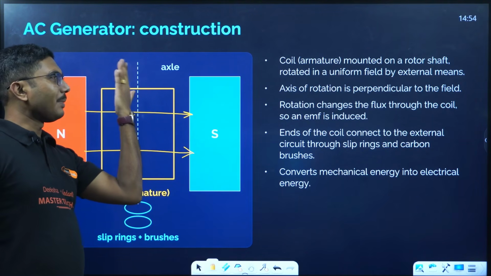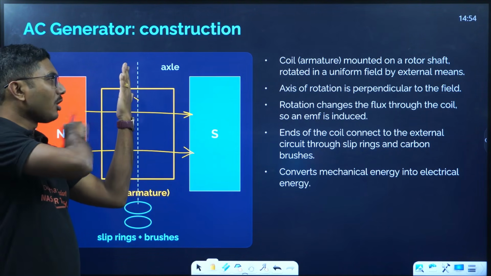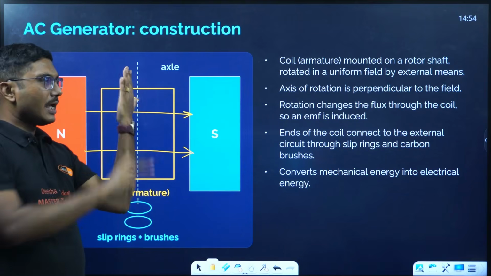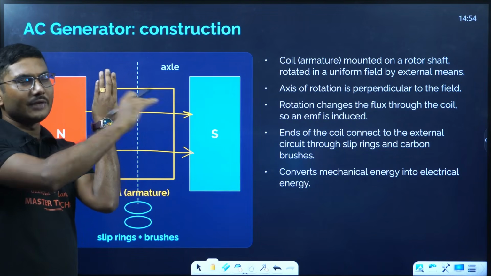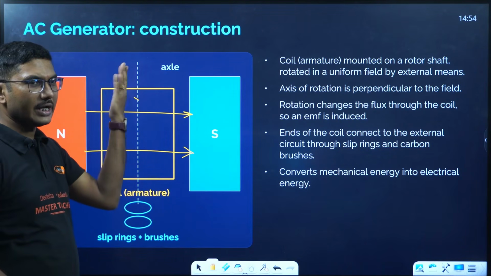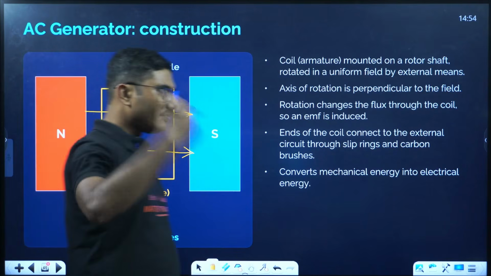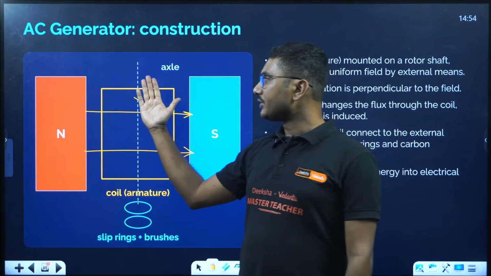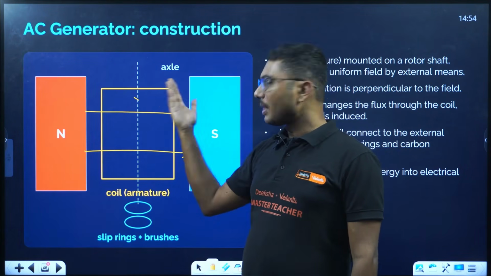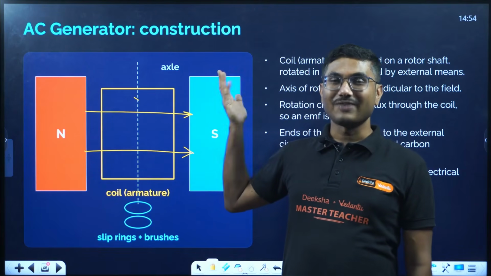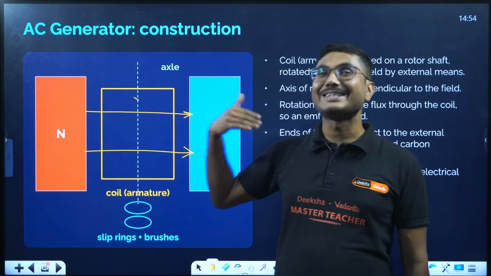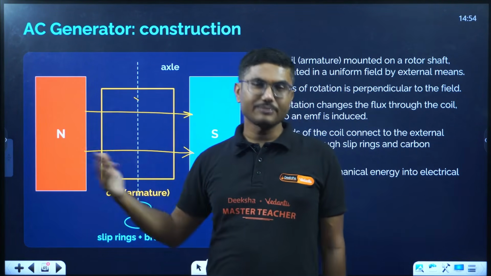But when the plane is perpendicular, all the field lines are passing through this. Again, when it is flipping back, it gets to zero. So when it is rotating like this, the flux linked with this coil will change.